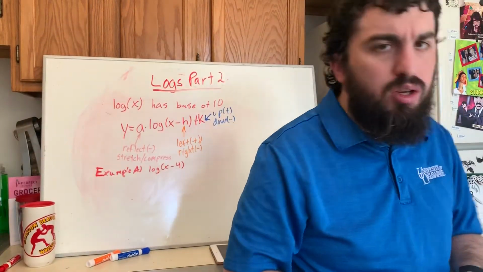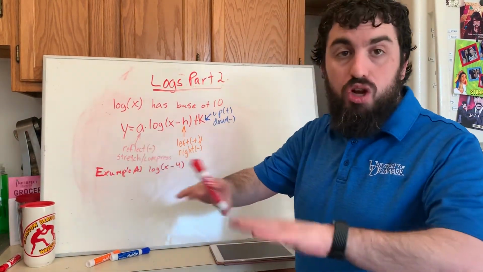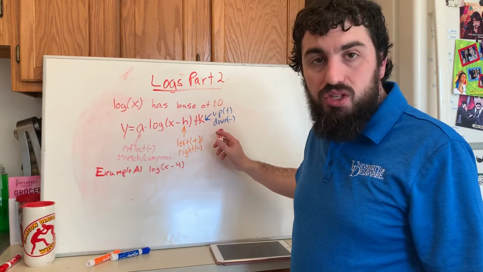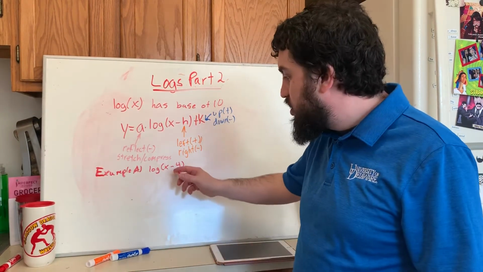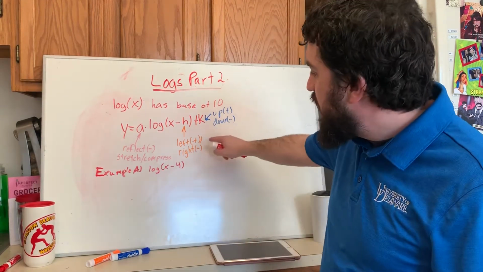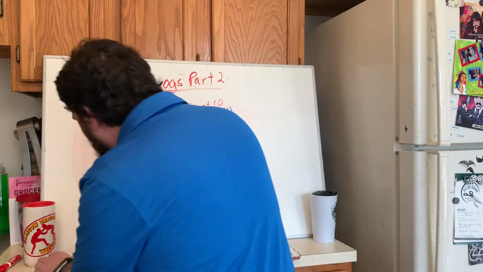Since there's no number in front, there's no stretch or compress. Since there's no number in the back, it does not go up or down. But since there's a number inside, it tells me, since it's a minus 4, it's moving right 4.